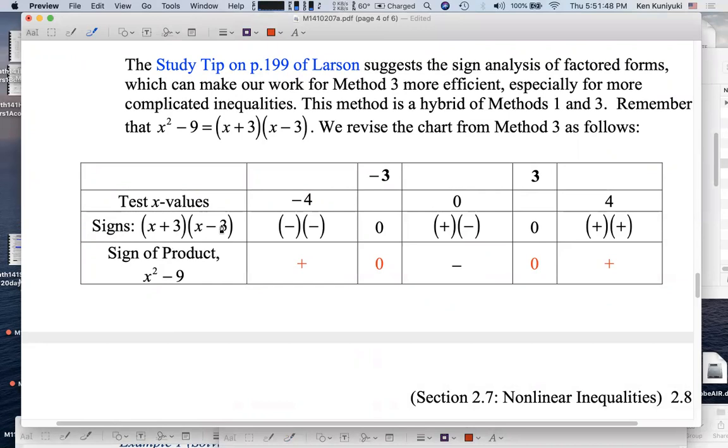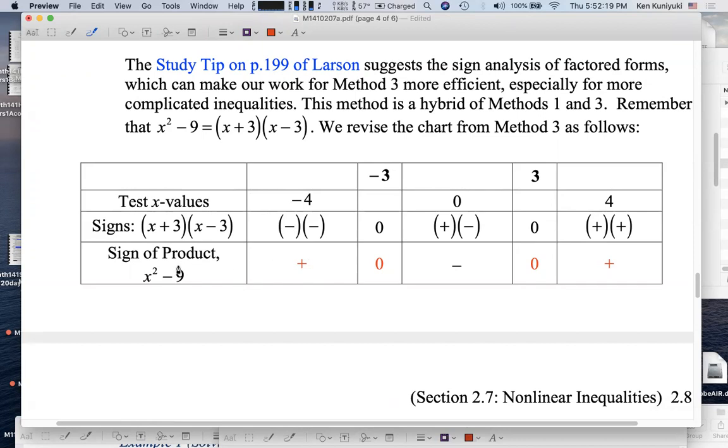For example, if you plug in x equals -4, or even more easily, x equals -1,000,000, we know that -1,000,000 plus 3 is negative. -1,000,000 minus 3 is also negative. So when you plug in x equals -1,000,000, or x equals -4 for that matter, we're going to get a negative times a negative. That result is positive. Again, this is a hybrid of the sign chart method and the test value method I just mentioned.